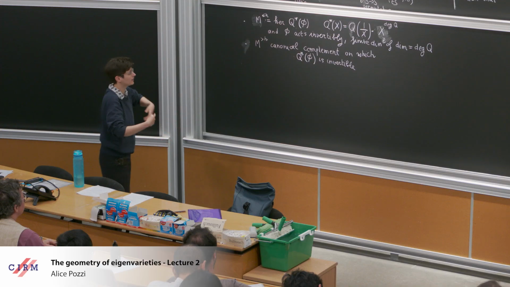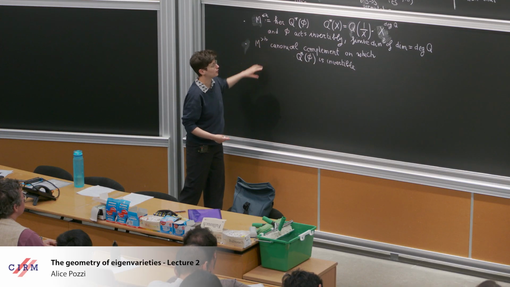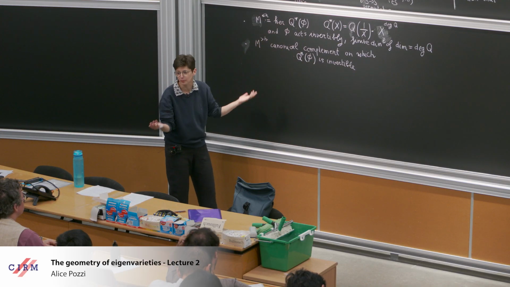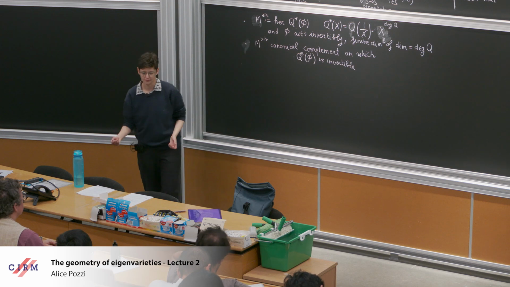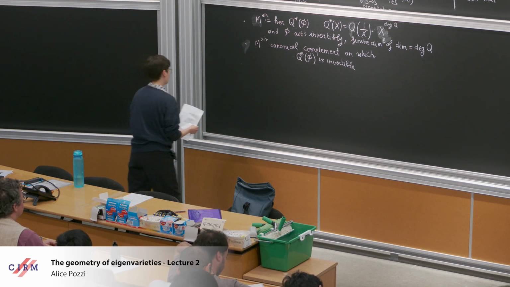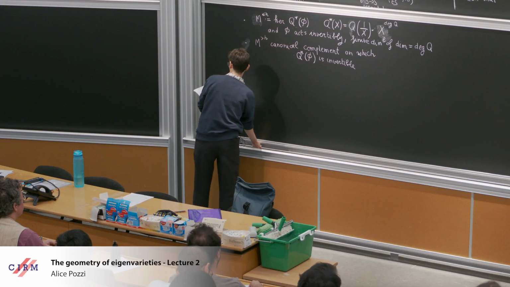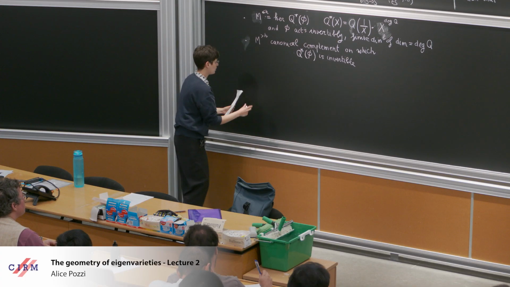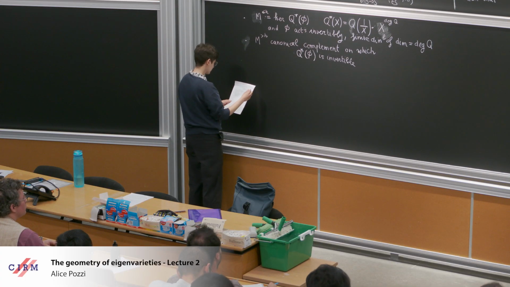Now that we've done that, we weren't just after understanding the U_p operator, we want to understand all the Hecke eigenvalues. So now that we have this finite dimensional piece, we want to consider more operators.